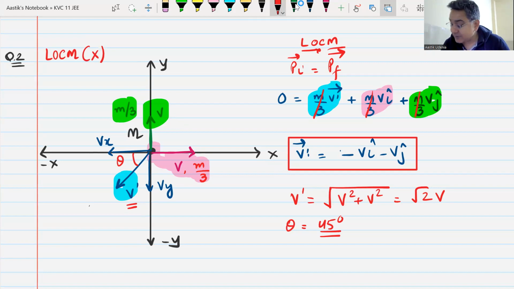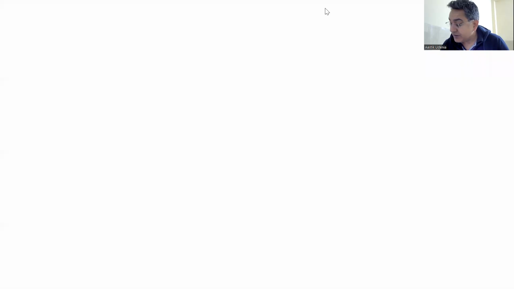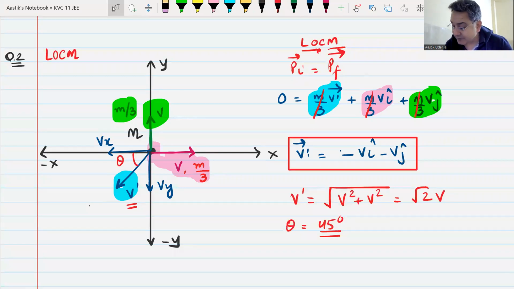In the x-axis, my dear friends, the initial momentum is 0.